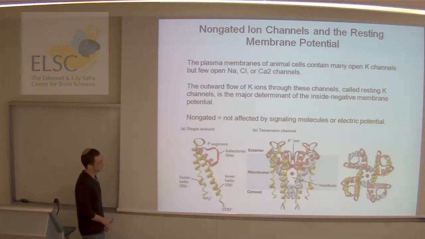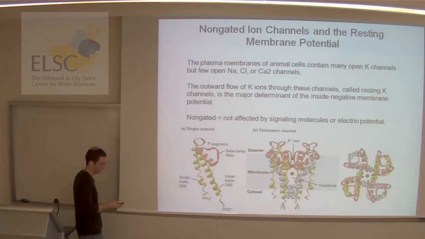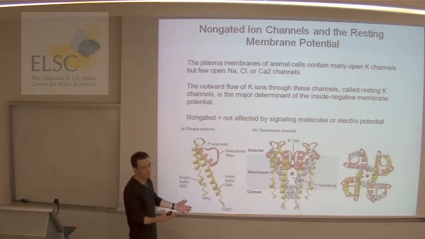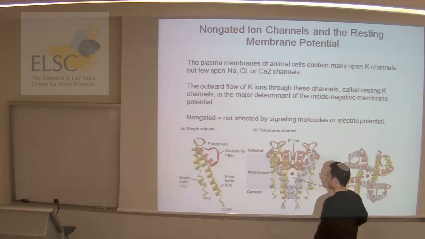Okay, let's see in more detail the structure and the function of the potassium non-gated ion channel, because of its very essential role in determining the minus 70 millivolt membrane potential in living cells.